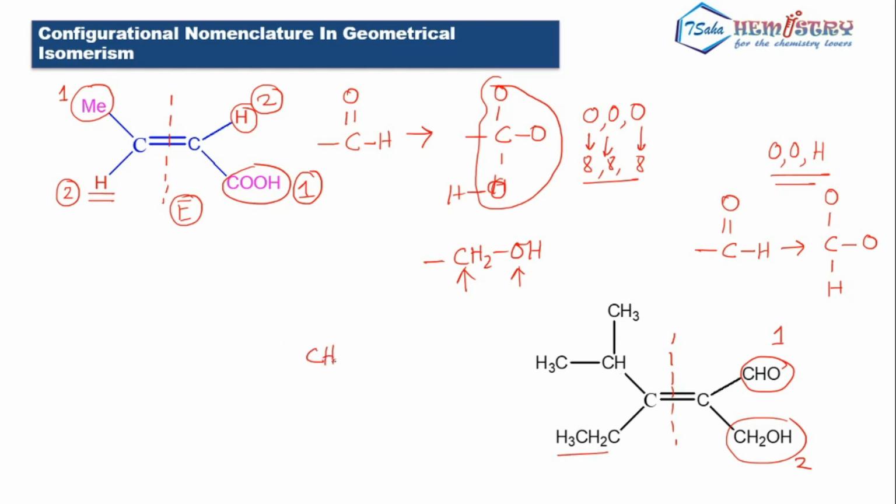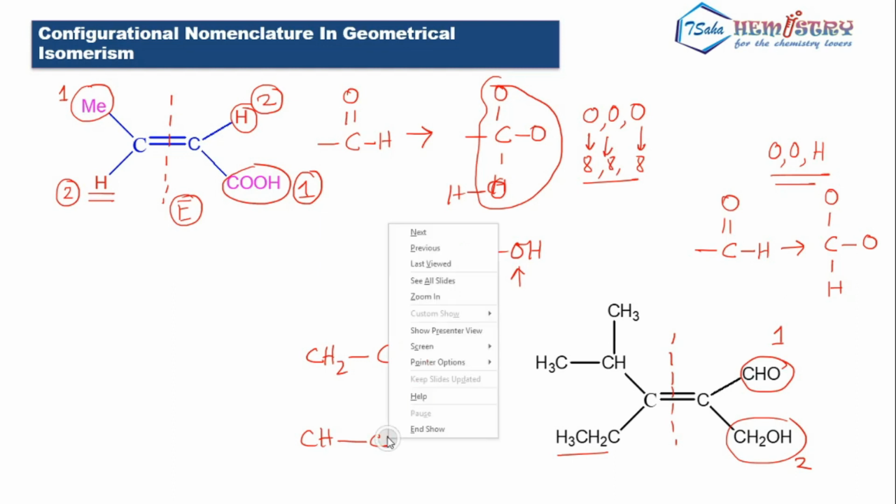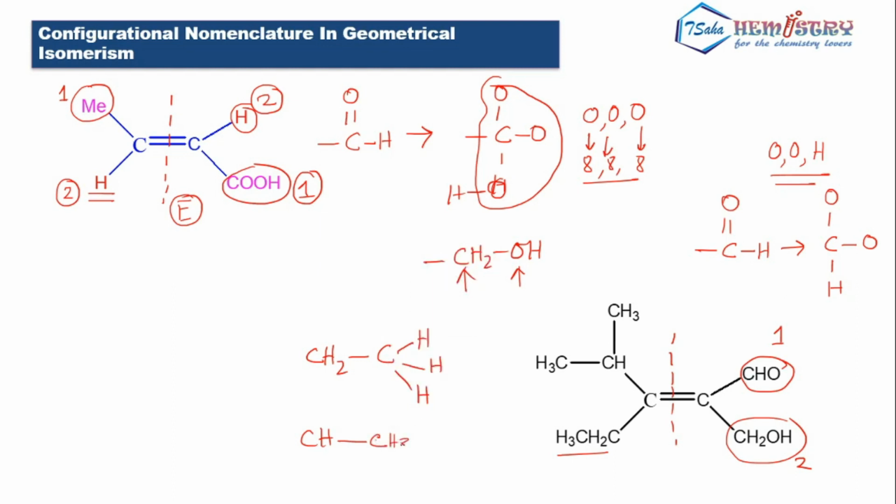Now in the case of CH2CH3, if you break down this structure like this, and in the second case you have CH, then you have CH3 and CH3. So after this carbon you have only one CH3 group, and after this carbon you have one carbon and a second carbon.